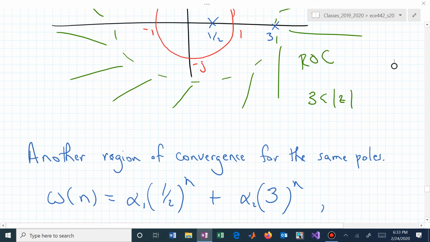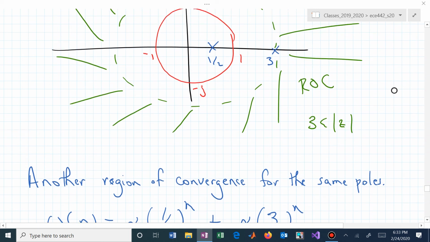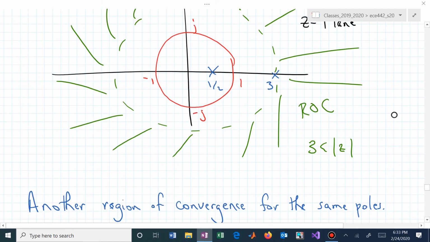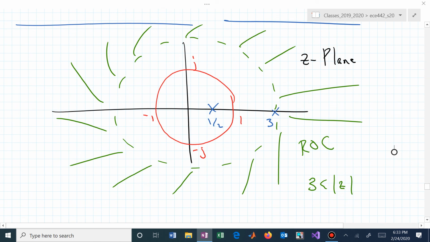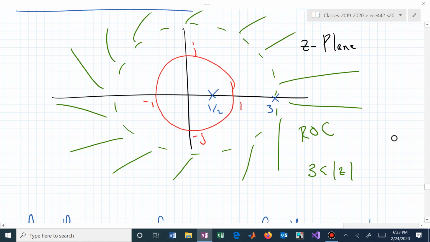What we may not know is, n-wise, what values of n is this defined for? Can we tell from the region of convergence? And if you can't, then you start saying, well, what would I call this?